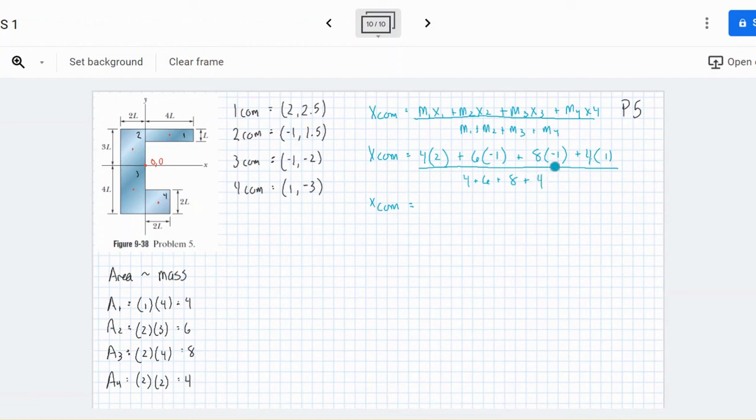Okay, let's put this in our handy dandy calculator. So on the top I have 8 minus 6 minus 8, so I have -2 on top divided by 22.